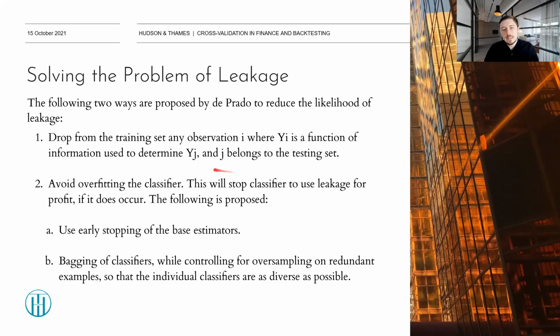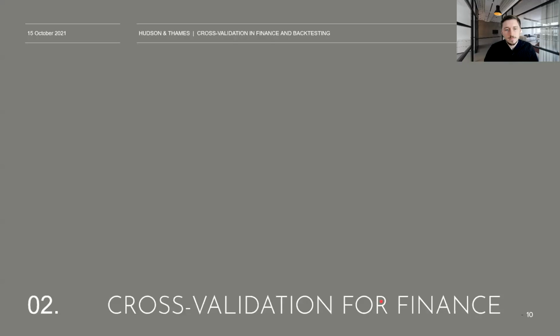Meaning that if there is in a testing set a y_j which was calculated as a function of a set of observations from the training set, those elements from the training set have to be removed. Also, point 2 is to avoid overfitting the classifier. In this case, even when the leakage occurs, the classifier cannot use it to its profit. And the following solutions are provided: either use early stopping for the base estimators or bagging of classifiers.